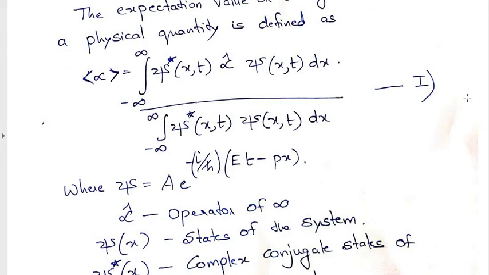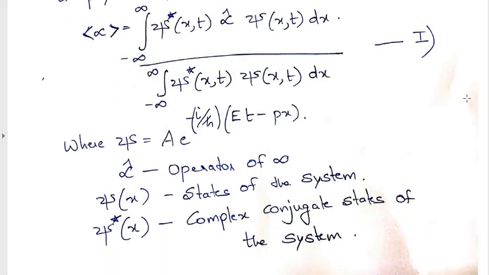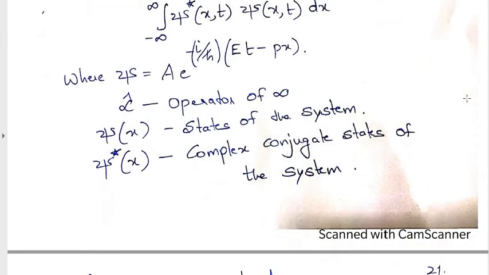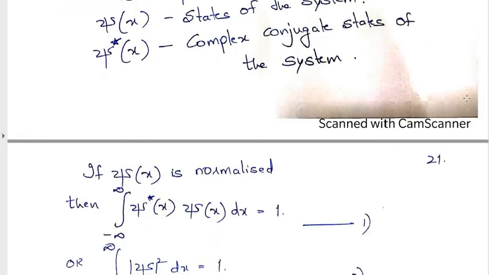Operators we have already shown for the coordinate x, for the momentum p, for the energy E, and so on. Whatever be the physical or dynamical variable, we have to consider its operator there. Then psi of x is the state of the system, and psi star of x is the complex conjugate of the state of the system.